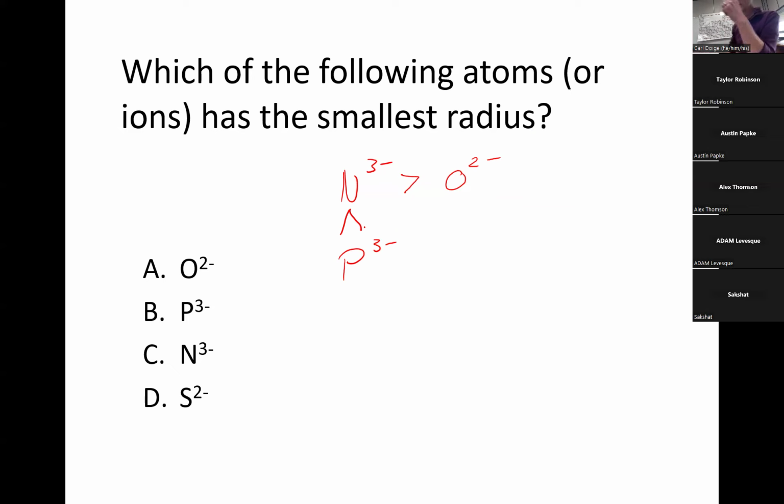And then the other thing that I've got listed is sulfur. So I know that across the periodic table in terms of these ions, isoelectronic series, that's smaller than that. I know that that's smaller than that. I can make those comparisons. And I can also compare these two, that that's smaller than this. So those are comparisons that I'm allowed to make.